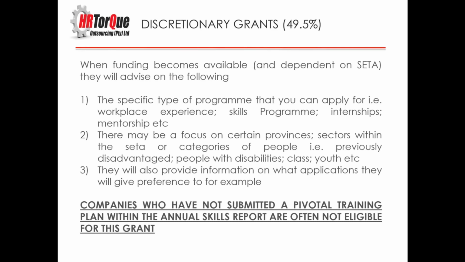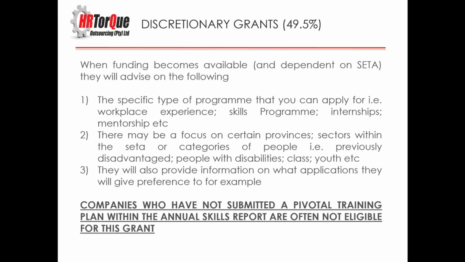Part of the discretionary funding that could become available is they may focus on certain provinces or certain sectors or even certain categories of people. So when the funding becomes available, they may specifically say they're going to focus on people with disabilities. They may focus on people within a specific age group. There was recently a focus on young people, trying to upskill people that are just coming to the workplace.